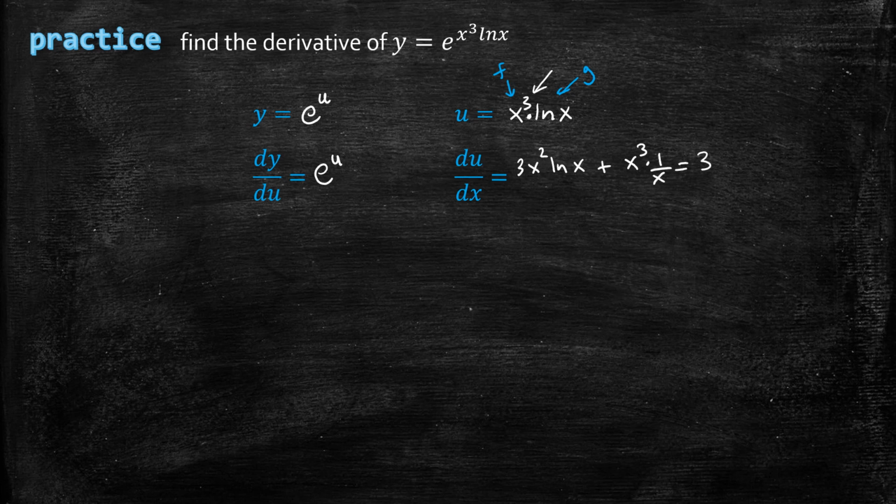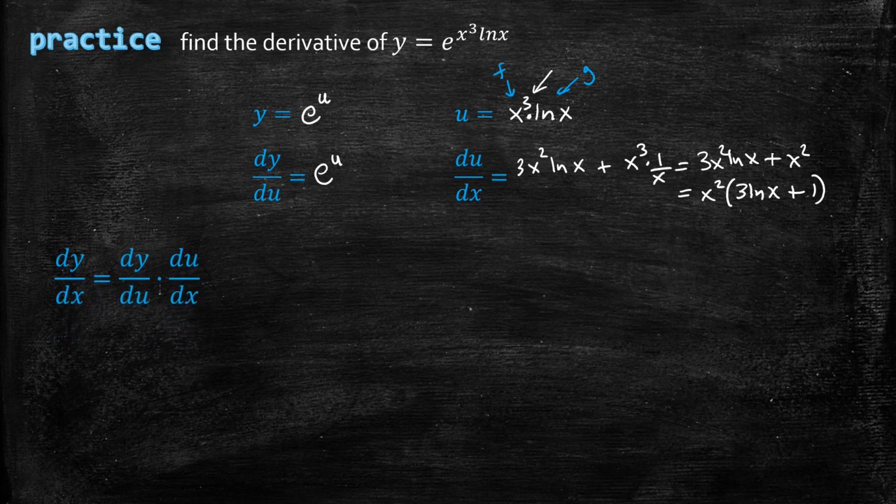That simplifies to 3x squared ln x plus x squared. It would be even more convenient if we just factor out the x squared and we get 3 ln x plus 1.